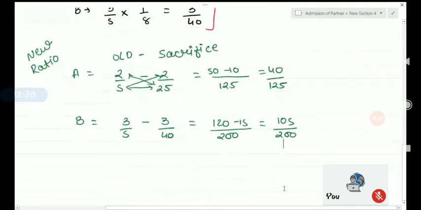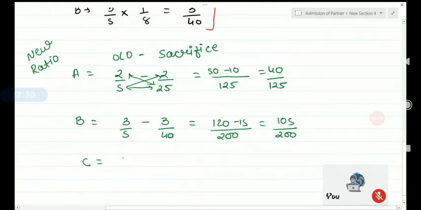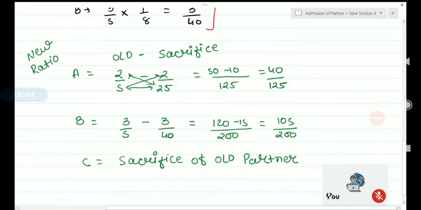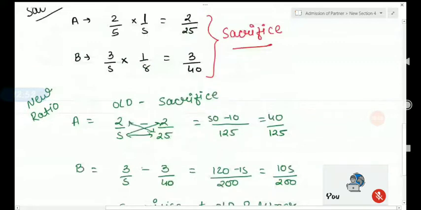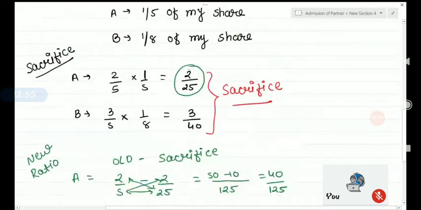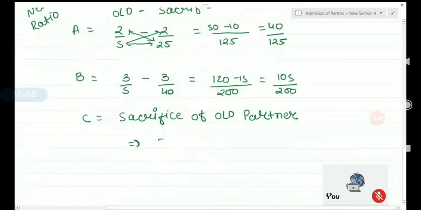Okay, what will be the new ratio of C? New ratio of C will be sacrifice of old partners. So here we need to calculate 2 upon 25 plus 3 upon 40.